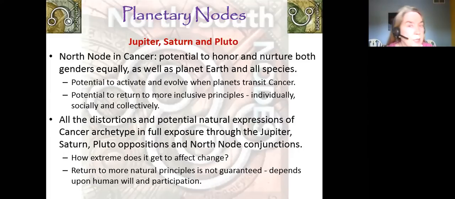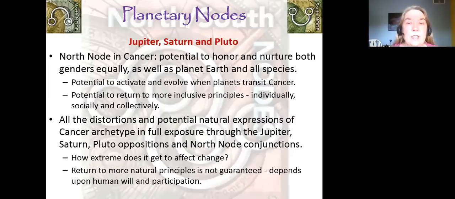In the same respect, the north nodes of Jupiter, Saturn, and Pluto are in Cancer, okay? And they have that potential to honor and nurture both genders equally, as well as planet Earth, all species on planet Earth.